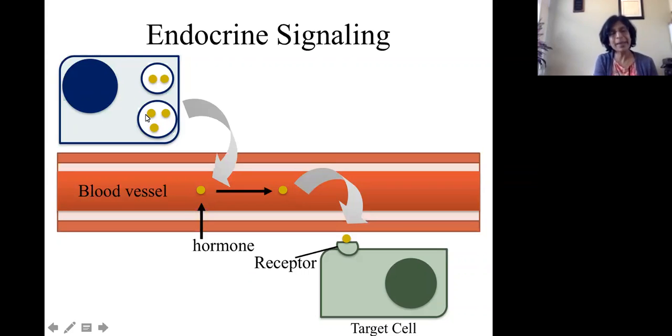A hormone is made, stored here, released. When it's released, it's getting into the blood. And that's classic of endocrine gland. Why? Because endocrine gland does not have a duct of its own.